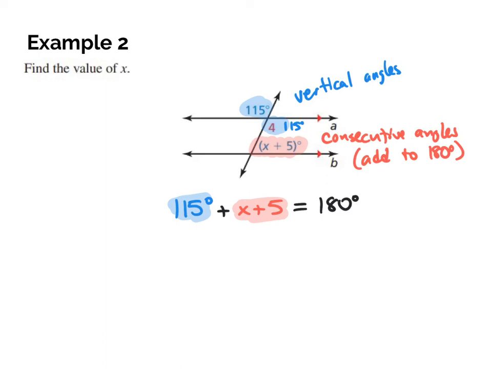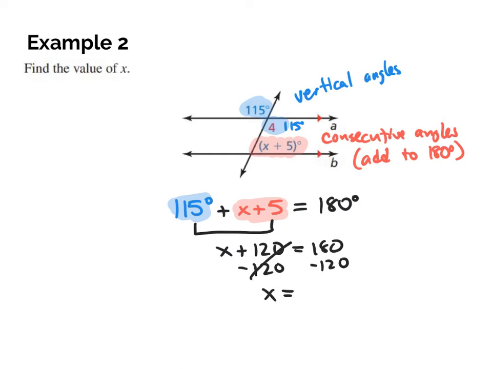Okay, now to solve this, what I'm going to do is obviously try and get x by itself. So real quick, I know they're different colors, but I have two numbers here that I can combine. So that would give me x plus 120 equals 180. So then if I just subtract 120 from both sides, what I would get is x equals 60. So I know then that x is 60.